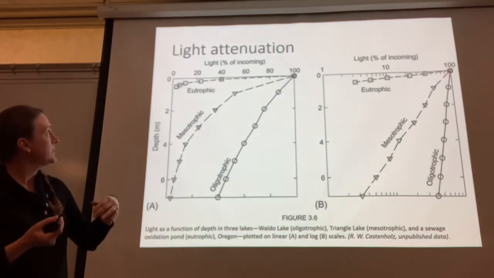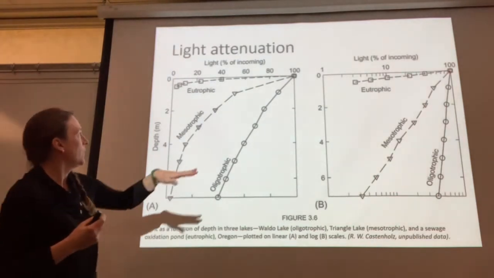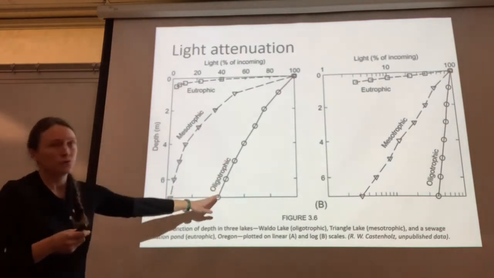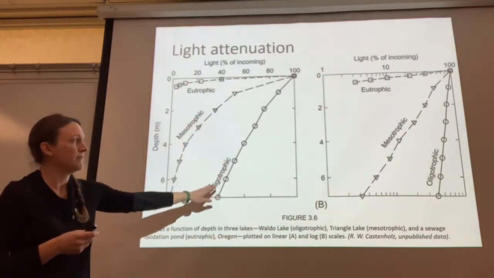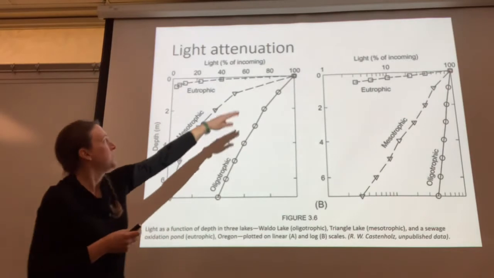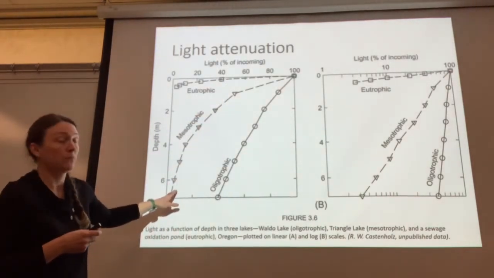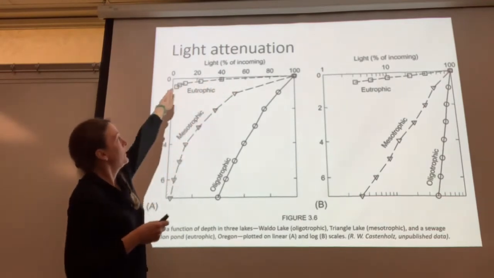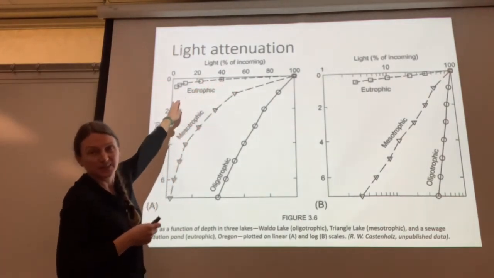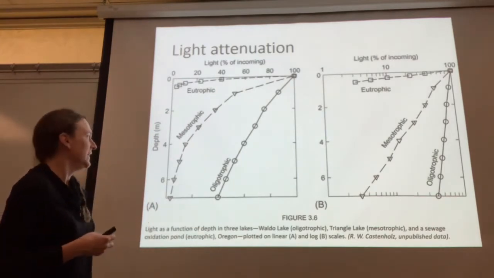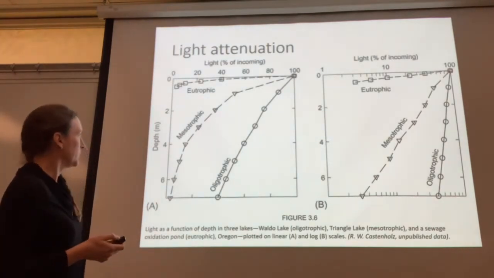So here you can see light attenuation for, and I'll talk about what these terms mean. Oligotrophic is a very nutrient-poor system, okay, very clear blue water. Mesotrophic systems have a little bit more nutrient and more productivity, and eutrophic systems are like green gunky systems, lots of life and green algae and stuff, but not very nice clear water, okay?